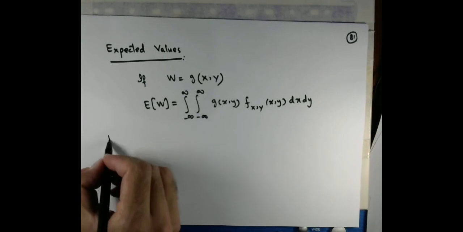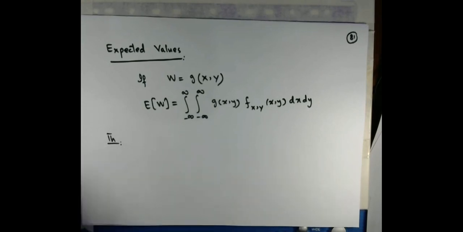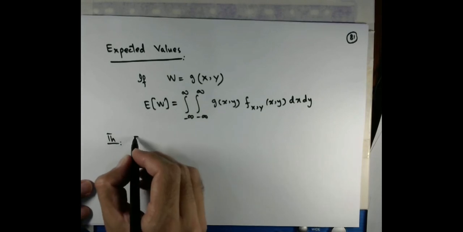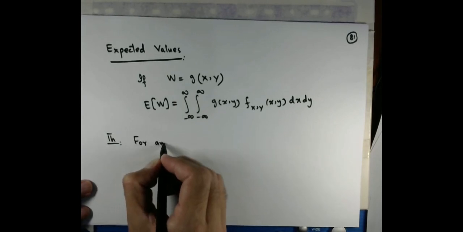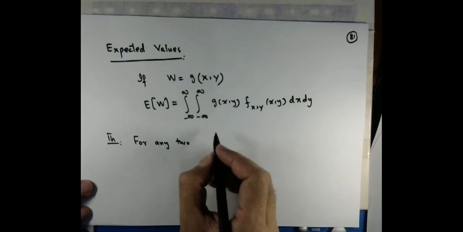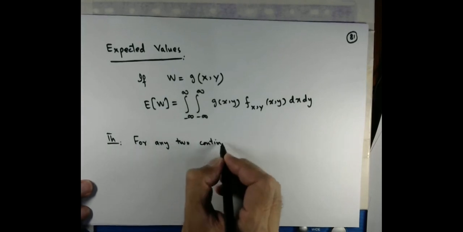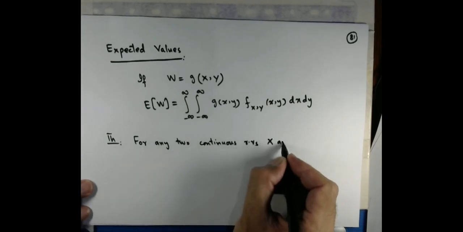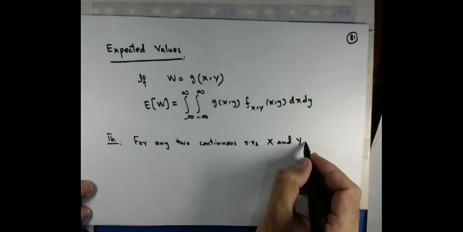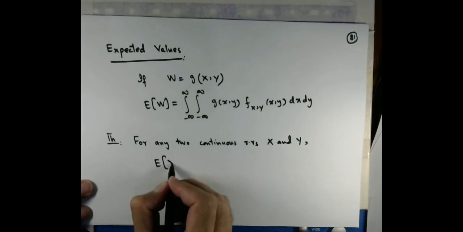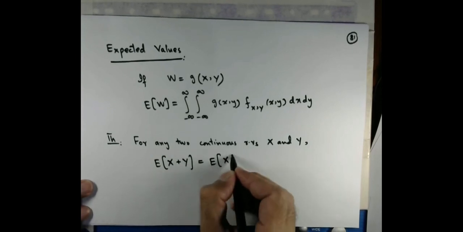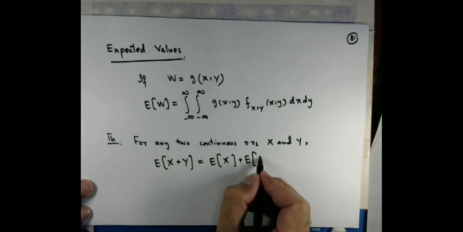Remember that particular theorem that we discussed in the discrete case, that also applies in the continuous case, and that says for any two continuous random variables x and y, the expectation of the sum of two random variables is simply the sum of individual expectations.